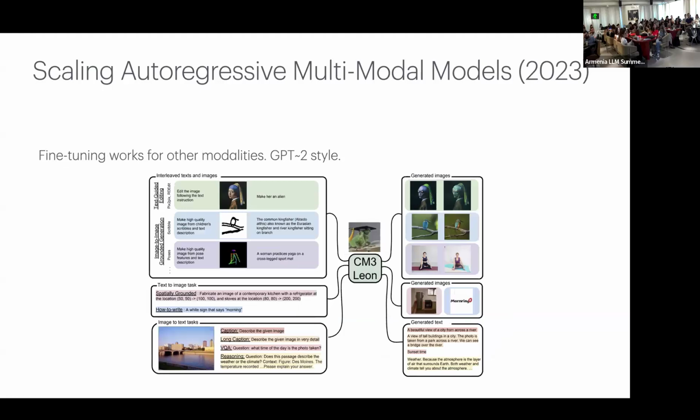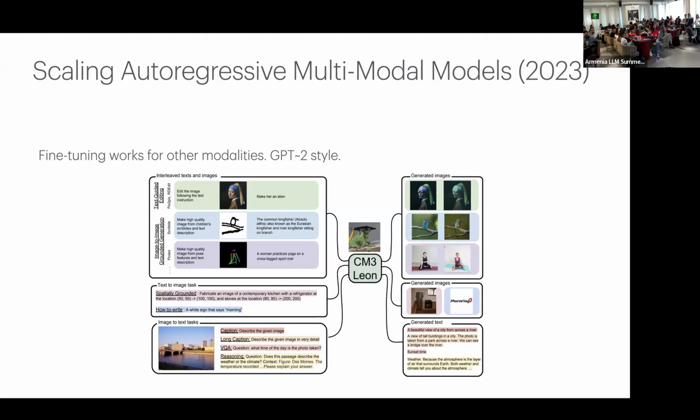Then the next question was, well, the pre-training step works, but around this time we had two stages. One was pre-training, and another one was instruction tuning. It turns out that with very, very little text, you can get the full instruction-following capabilities that you could get with text-only models. And it turns out that this worked for everything.